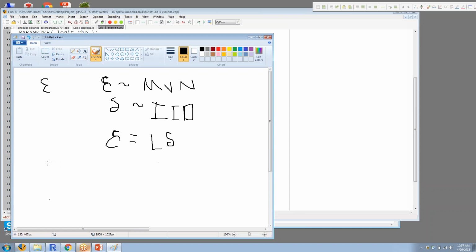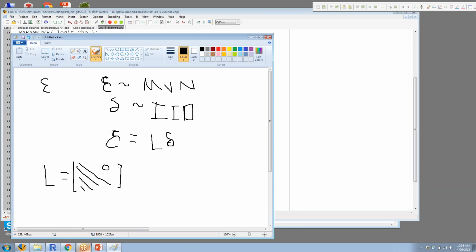The Cholesky being lower triangular means it's a matrix where all of the upper part is zeros, and it has the diagonal, and then the next one, and so forth. So you can see the first element of epsilon is just delta times the 1,1 element of the Cholesky matrix.